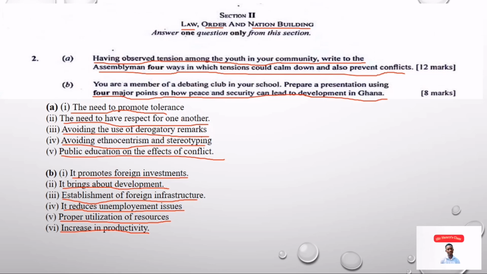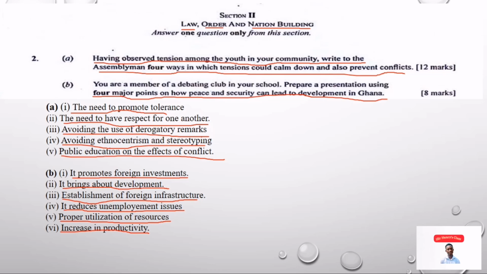In other words, importance of peace and security. So one, it promotes foreign investment in the sense that if there is peace and harmonious living, we would encourage foreign investors to come and invest in the economy of the country, and this will bring about a lot of development.